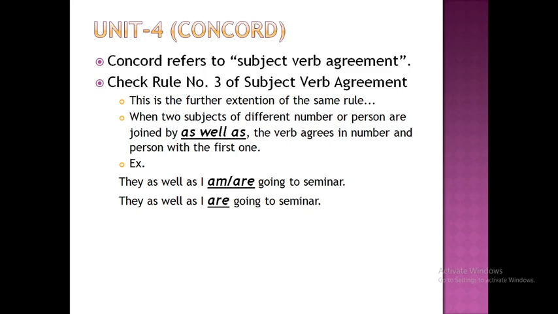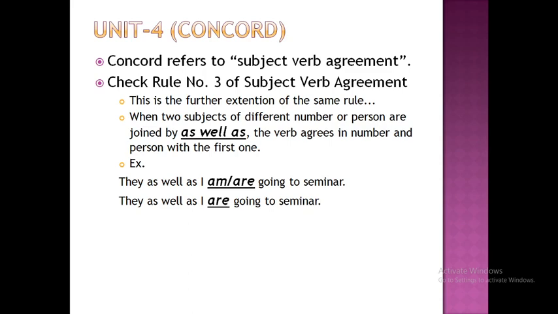This content is first Concord. Please refer to this concord as the explanation of subject verb agreement. Both things are the same. Concord refers to subject verb agreement. Is it clear?